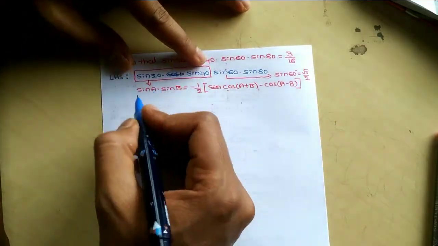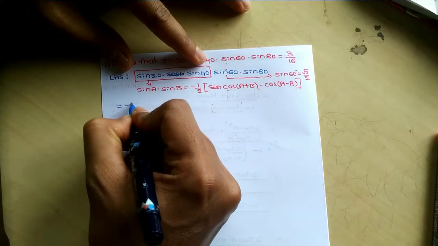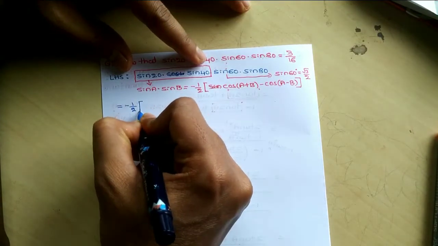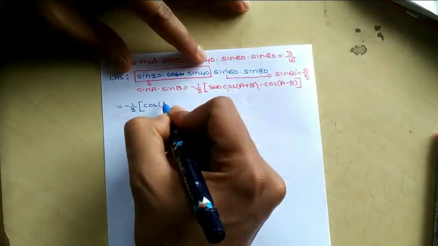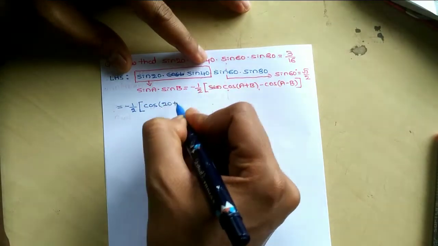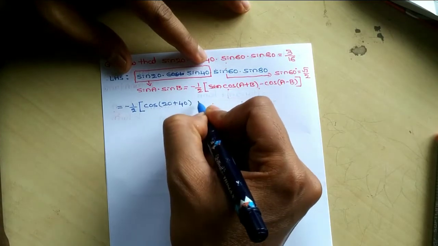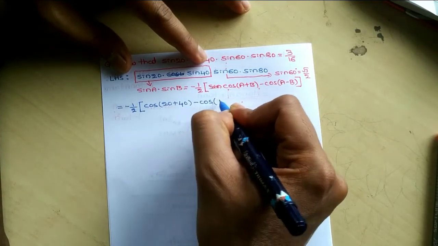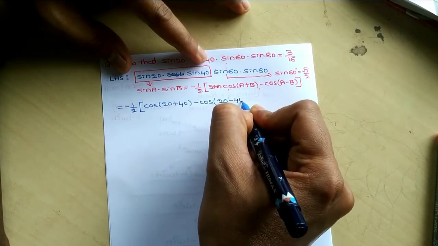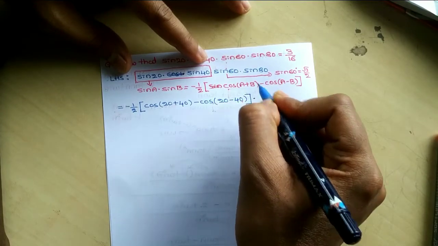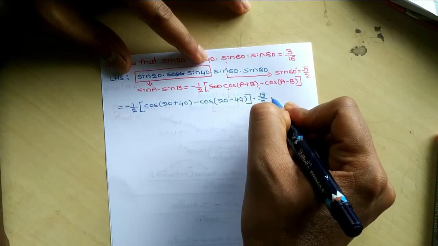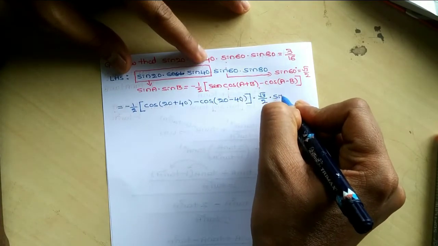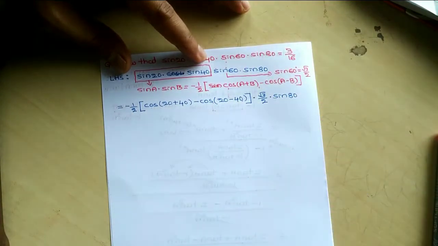So apply. So which is equals to minus 1 divided by 2 into bracket cos A plus B. So cos A means 20 plus B means 40 minus cos A minus B, 20 minus 40, close the bracket, into sin 60 degree is root 3 divided by 2 into sin 80, I am going to keep it as it is.